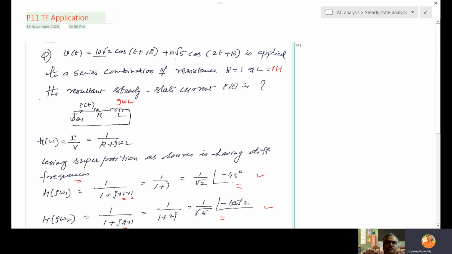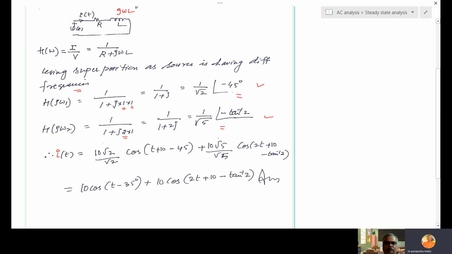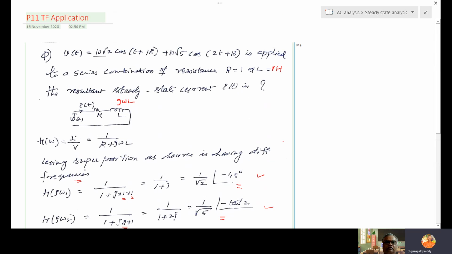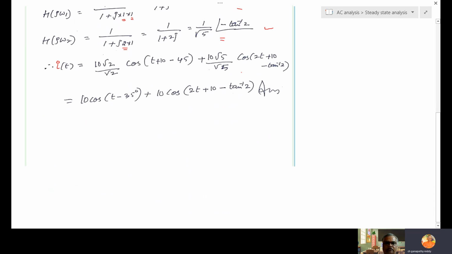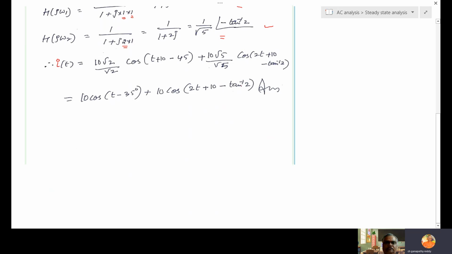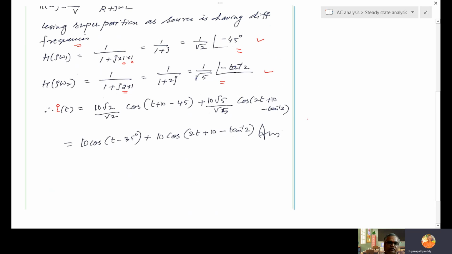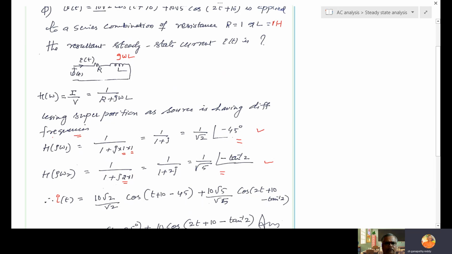Then the second function is 10 root 5 by root 5 cos 2t plus 10, delayed by minus tan inverse 2. So just use the superposition principle. I hope you understand. Or if you really are finding any difficulty in the S domain, you can also do it like this.